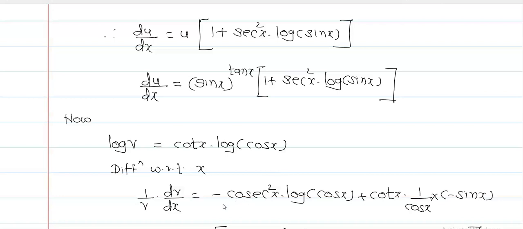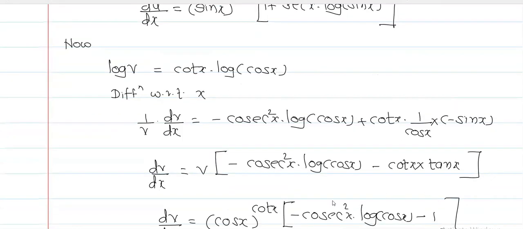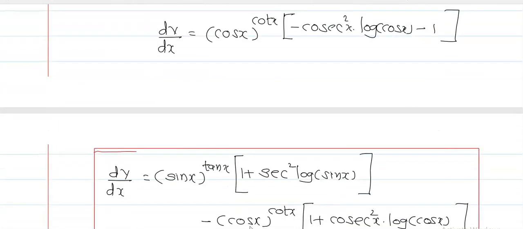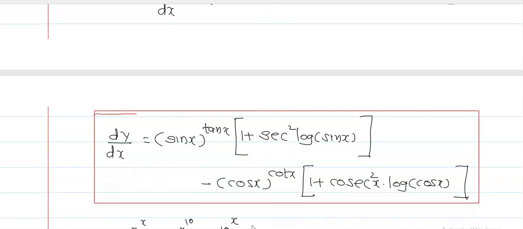Here is a derivative of cot, which is a minus cosec square x into log of cos x. Take the minus sign as common, and that's why there is a minus sign. That is cos x raised to cot x. But in the textbook, the answer is wrong. I think that there must be a minus sign.